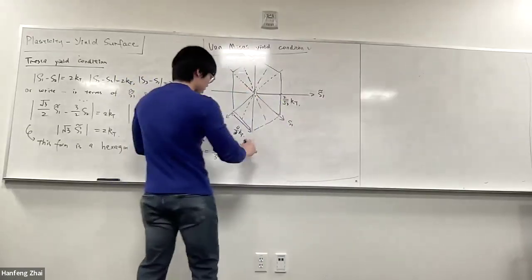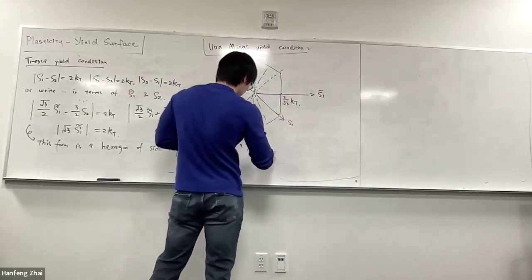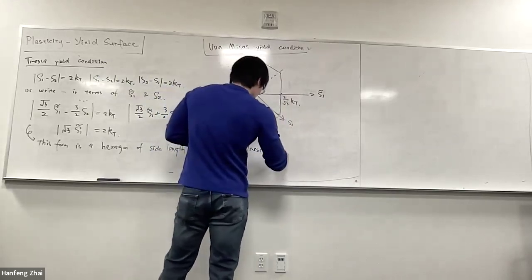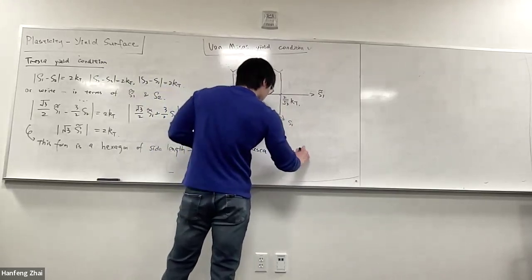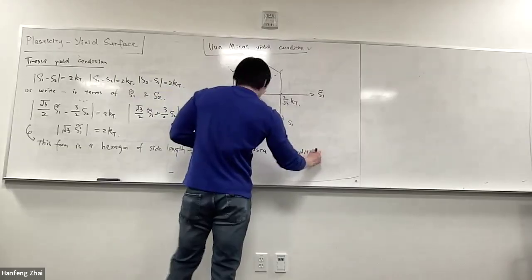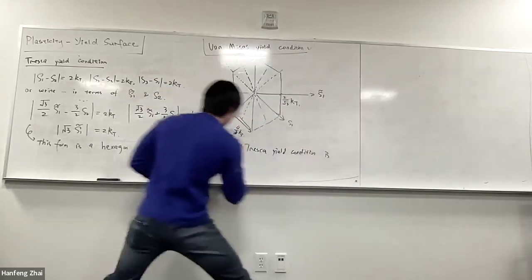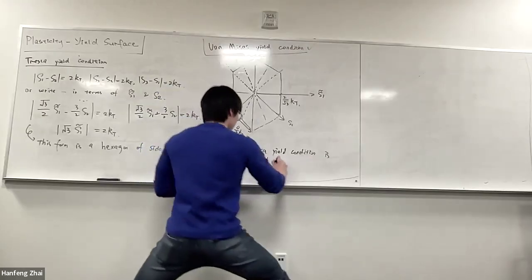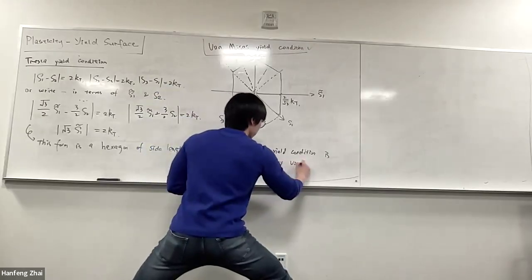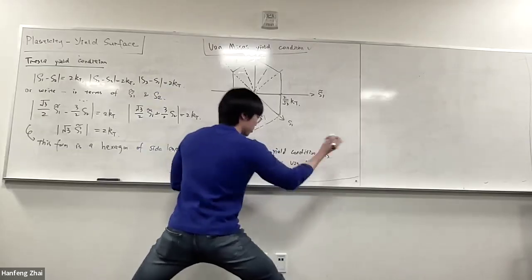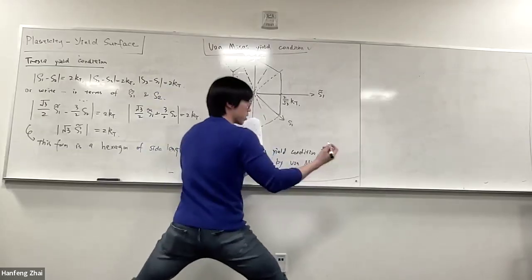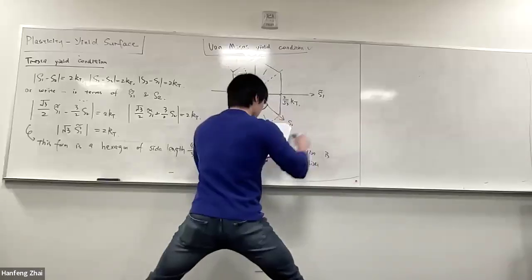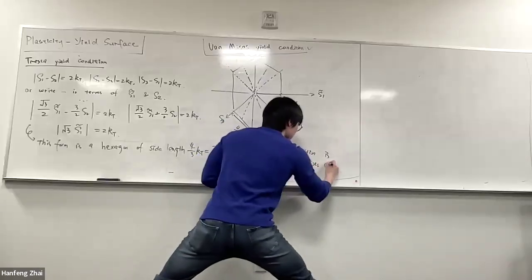So the conclusion is the Tresca yield condition is inscribed by von Mises. So when I write von Mises circle, you probably know what I mean, right? It's the yield surface projection on the pi plane.